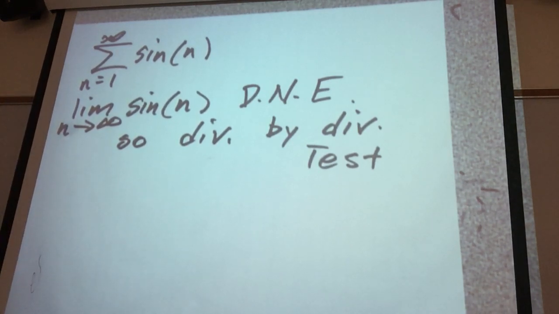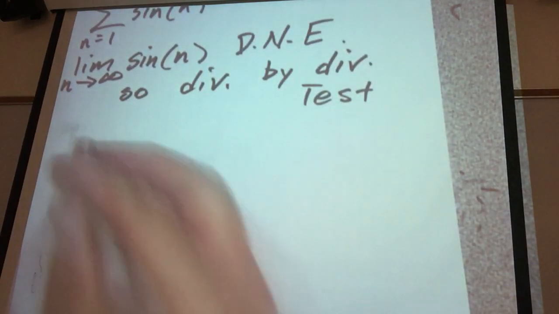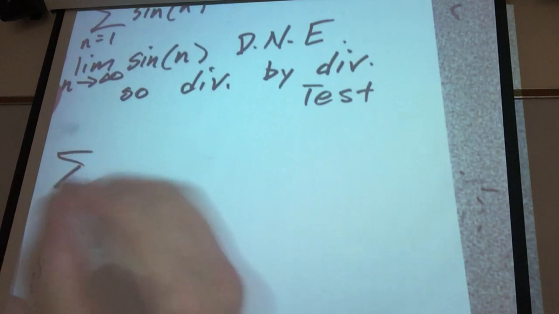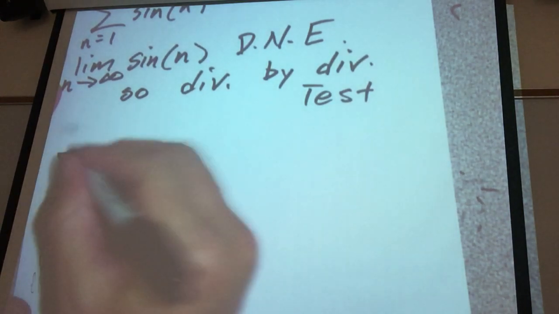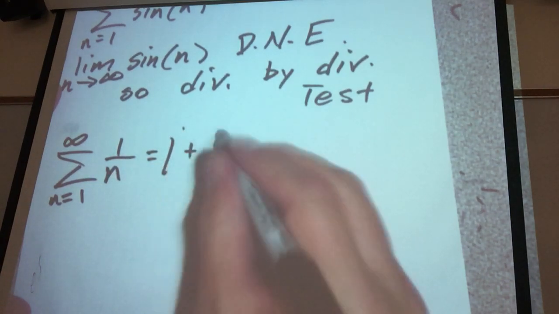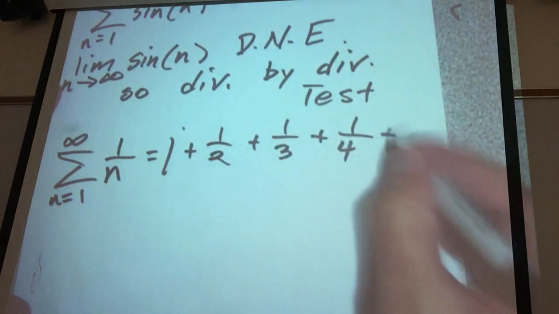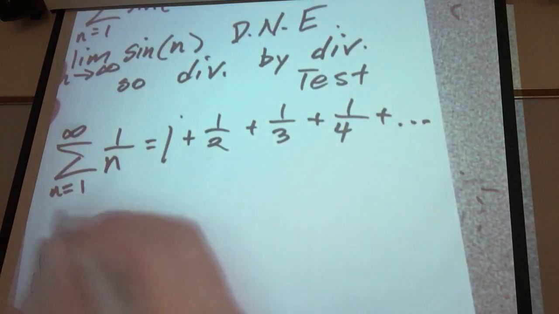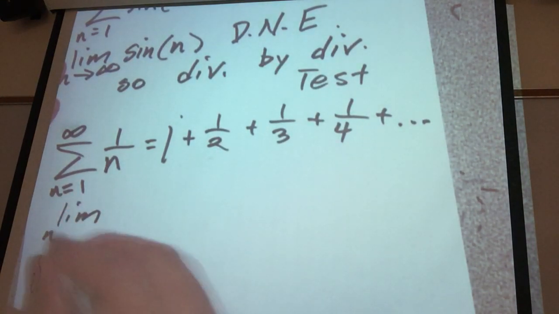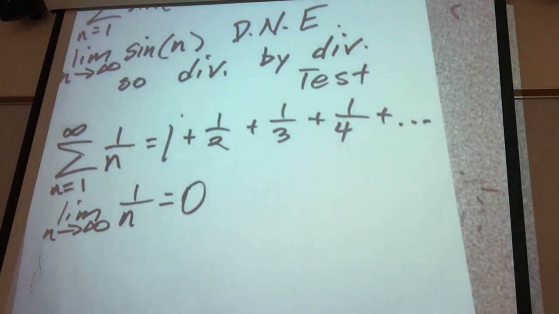So let's say we have this infinite series, the sum n equals 1 to infinity of 1 divided by n, which would be 1 plus 1/2 plus 1/3 plus 1 divided by 4 plus dot dot dot. Now the limit as n tends towards infinity of 1 divided by n equals 0. It does, okay? The divergence test tells us nothing about convergence, okay?